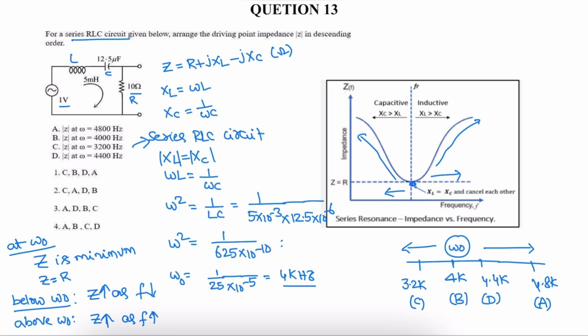Now the correct option is C, A, D and B. In ascending order, least impedance is at resonant frequency, that is 4 kilohertz. So 4 kilohertz is B, the lowest value, and the highest value is the frequency which is far away from resonance.